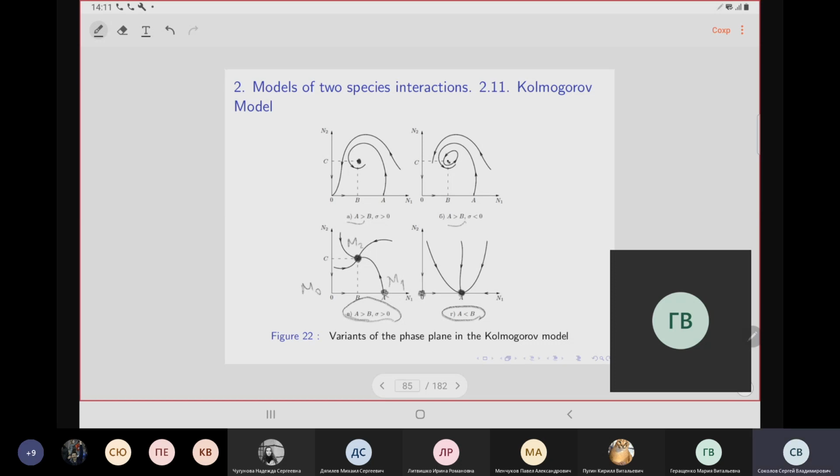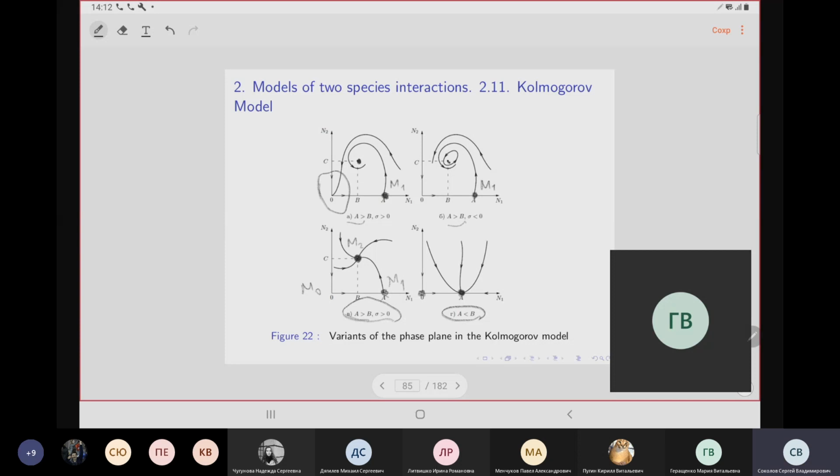And in all these three situations, the point M1 is unstable. It means that sometimes both species can go extinct, but usually, I'm not sure this picture is valid.